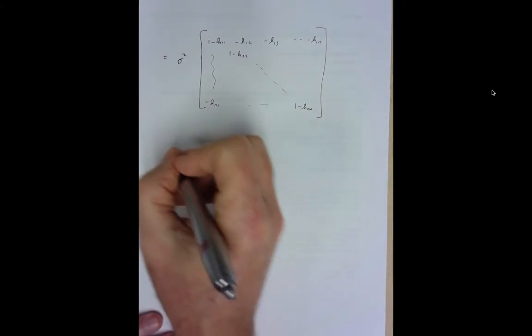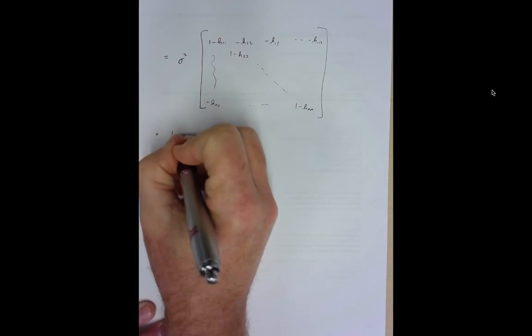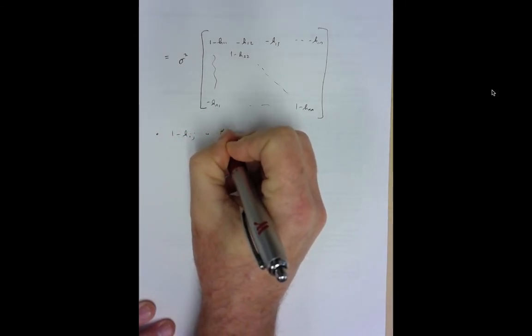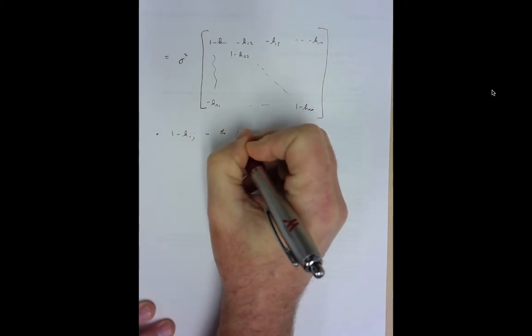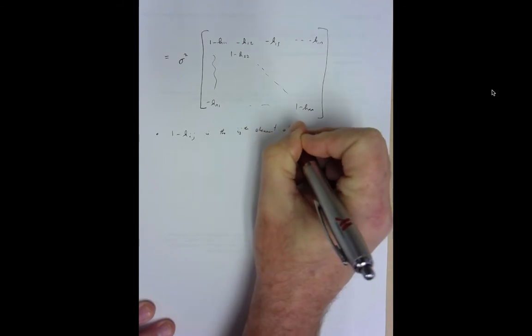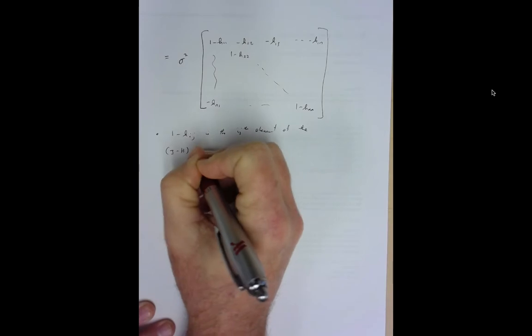So what we can say is each element, so these 1 minus Hij, is the ijth element of the I minus H matrix.